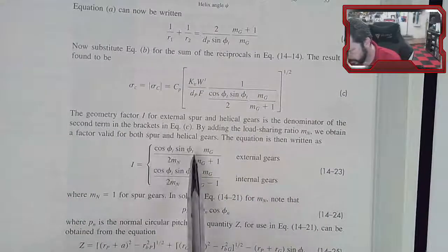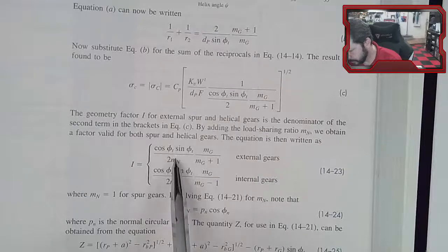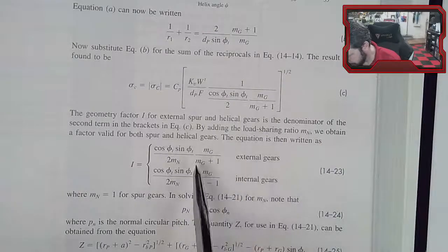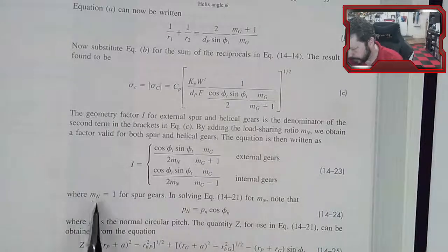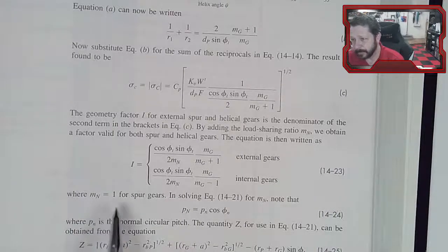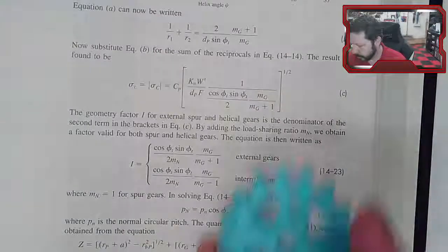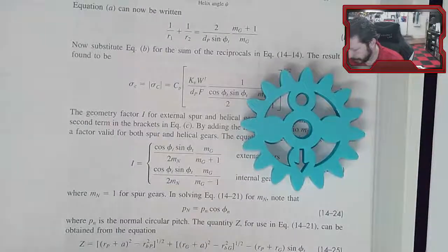So you've got your pressure angle in here. You've got some gear ratios in here. And this MN, it's not a gear ratio, but they tell you down here for spur gears, which is what we're using, you use 1.